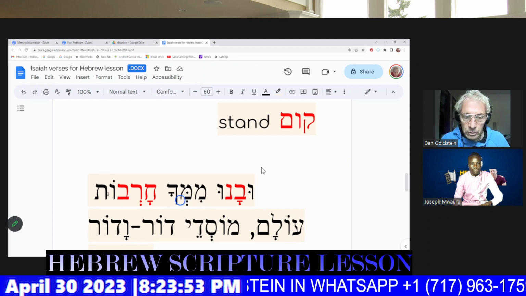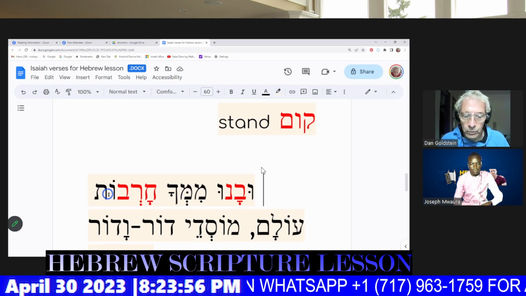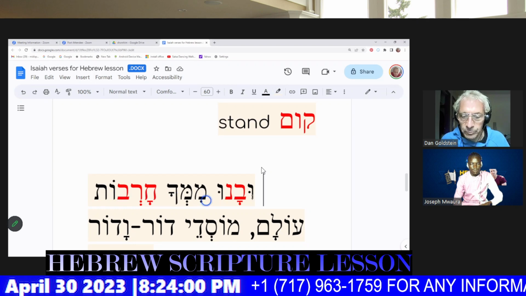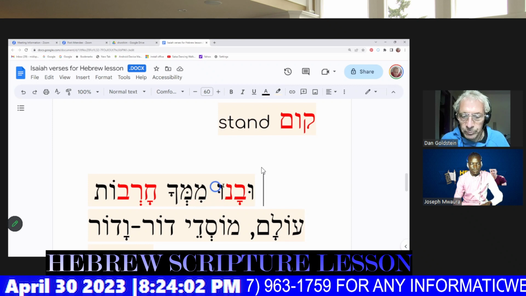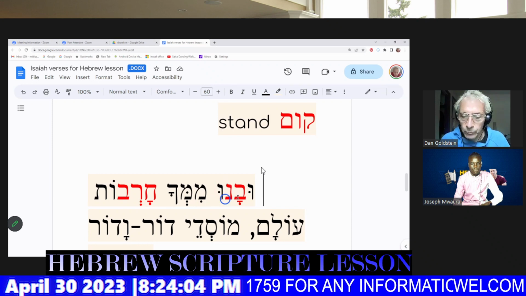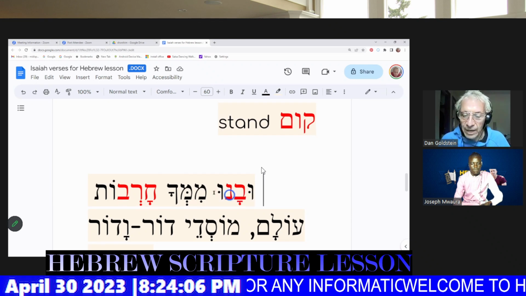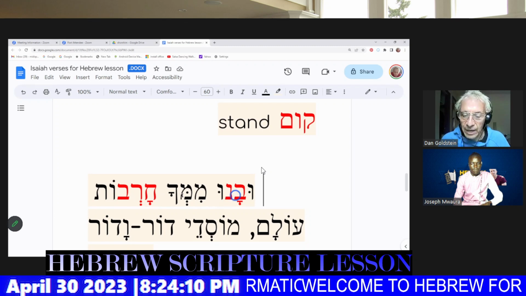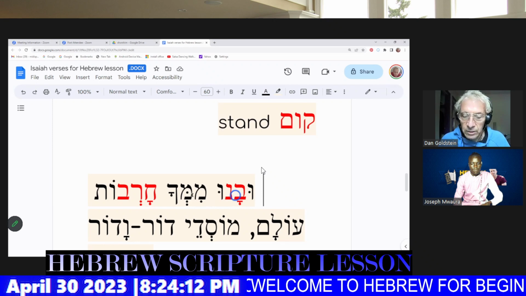There's the charvot again, the destroyed places. So this is a repetition of the promise. Uvanu, the u is a plural form. Uvanu, that's bana, to build. Uvanu, and they will build for you.